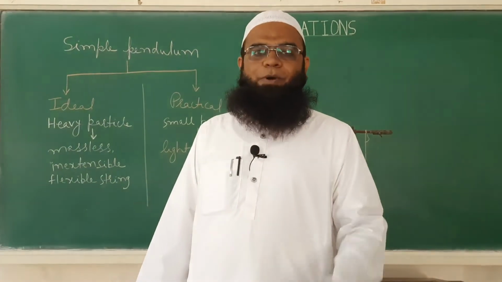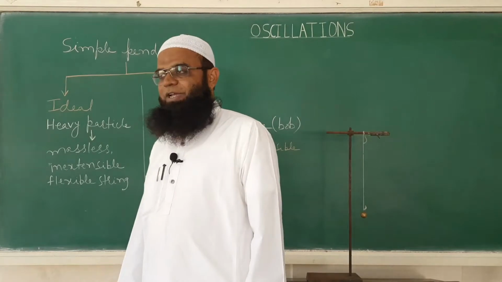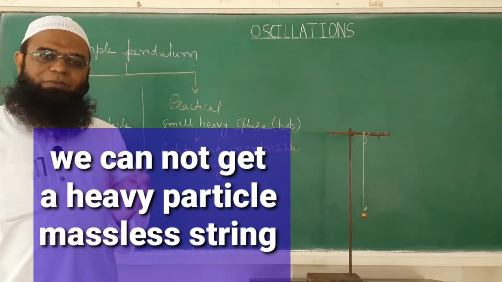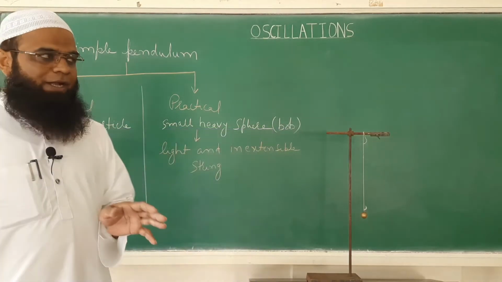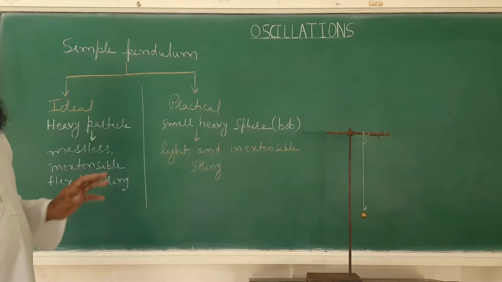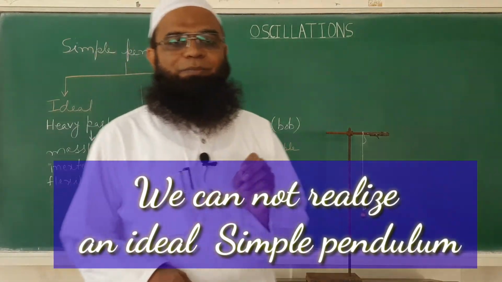Now, if we think about it, we will find that it is not possible for us to get a heavy particle. If it is a particle, then it will not be heavy, and we can't get a string which is massless. Therefore, in practice, we cannot realize an ideal simple pendulum.